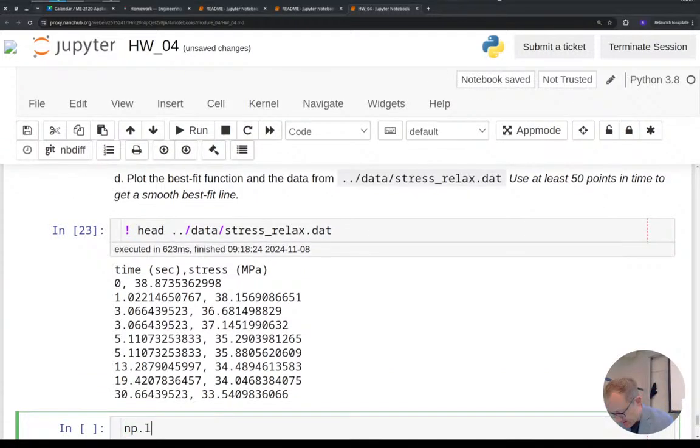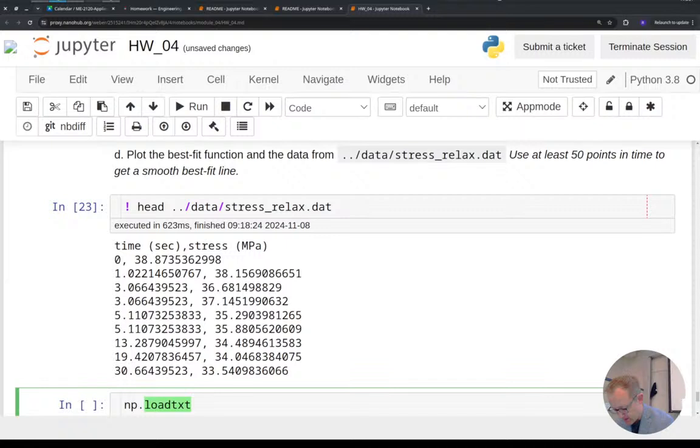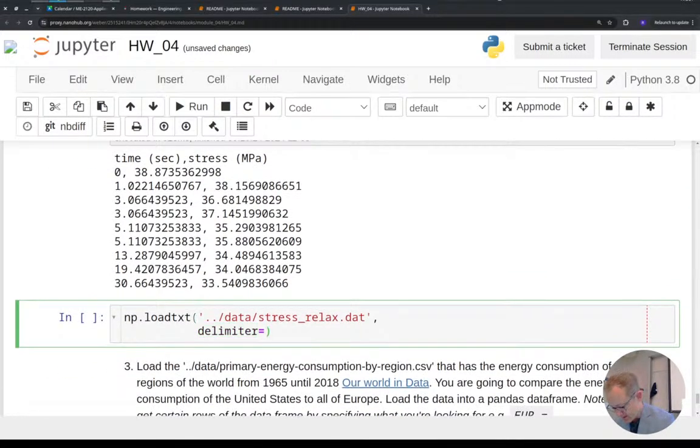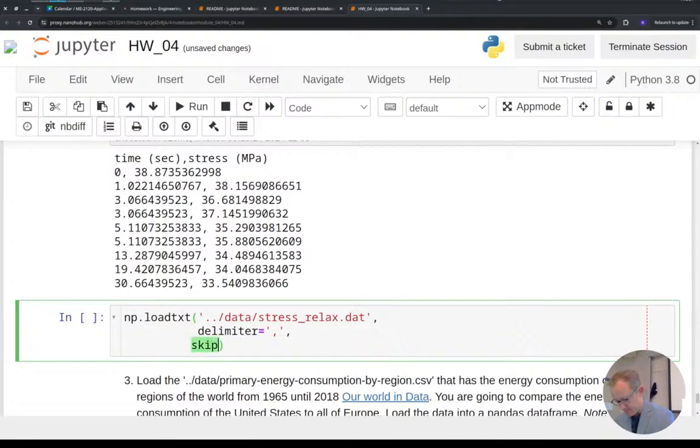So now I can say loadtxt of that same file that I just figured out where it was. I can tell it my delimiter. My delimiter is a comma, and also skiprows. I'll skip that first row so that it ignores time and stress and only gives me the numbers.